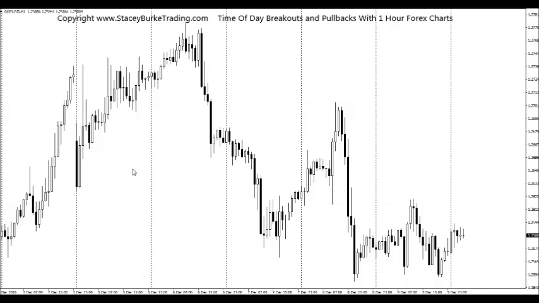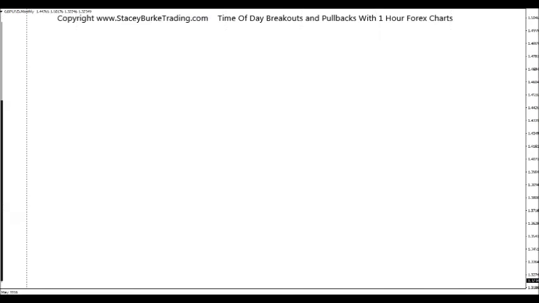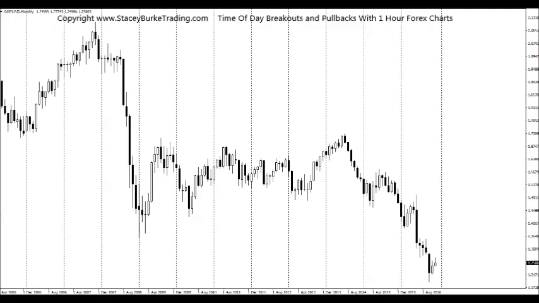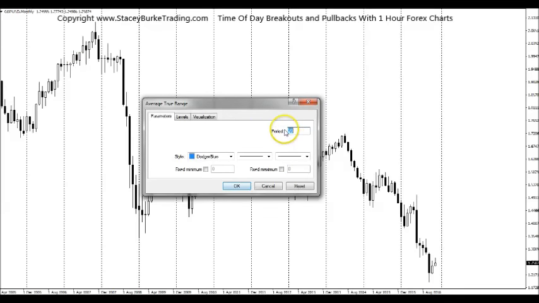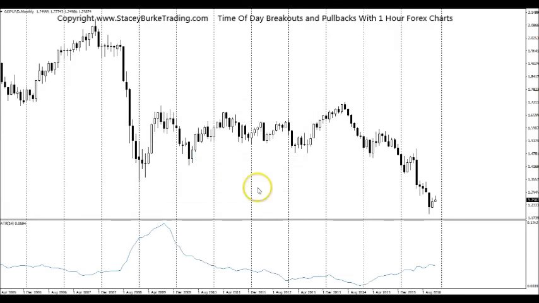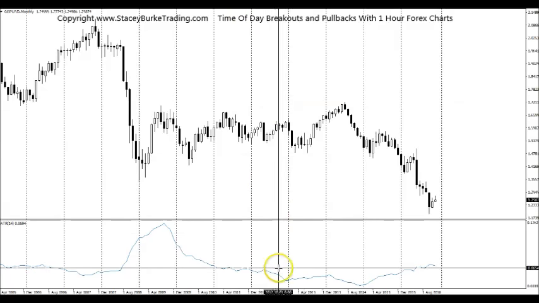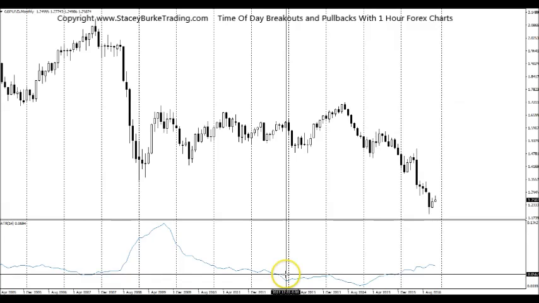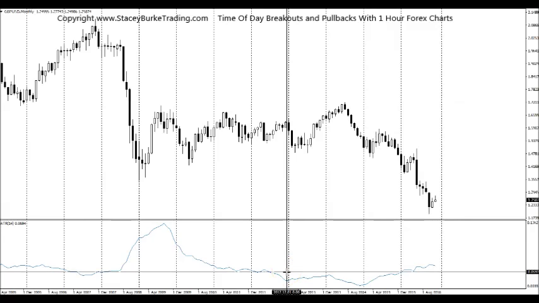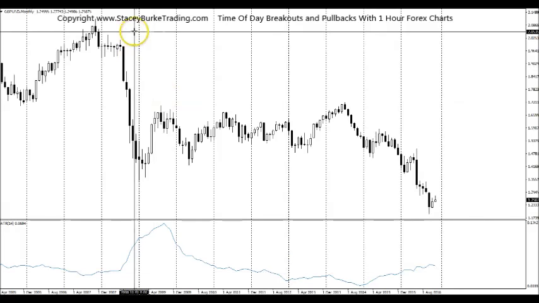So the average true range of an instrument, for example, the pound, is around 450 pips. Actually, we'll take a quick look. We'll look at the monthly ATR here, and we'll put in the average true range for the last 14 months, and we'll see the market roughly on average is somewhere around 575 to 600 pips.